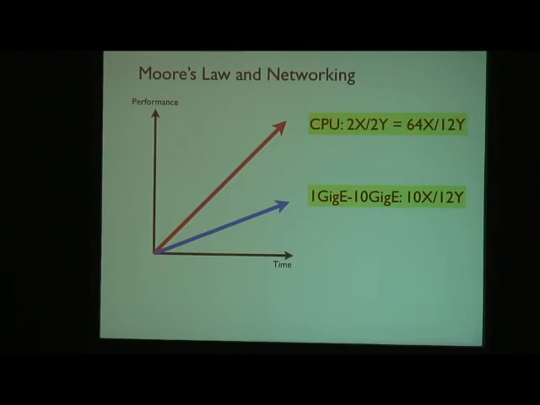The time frame for gigabit Ethernet, which came out in 1998 or 1999, to get to 10 gigabit Ethernet 12 years later was only a factor of 10x in 12 years. And if I look at the cost performance of wider network routers, I would say they maybe improved a factor of 4 over the last 12 years. So this is a gap, and what I want to discuss this morning is how the future doesn't have to look like the past here.